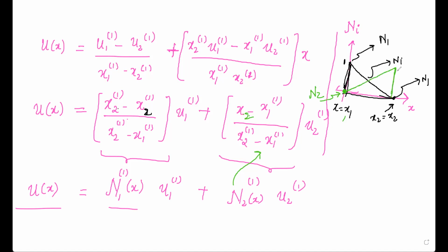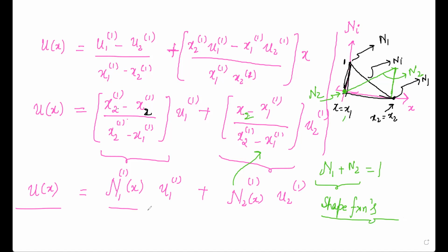This is how n2 is behaving. So if you look at any point, if you take the summation of n1 plus n2, that will come out equal to 1. And these n1 and n2 are called shape functions. Fine. The summation of these shape functions is equal to 1.